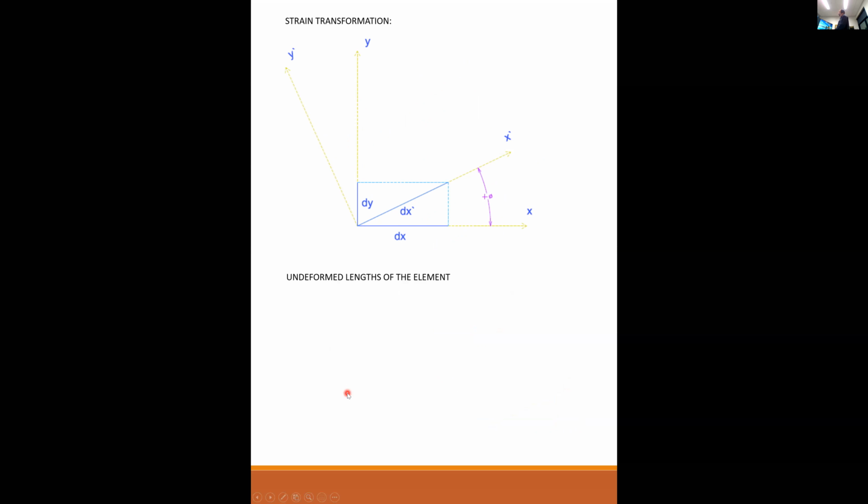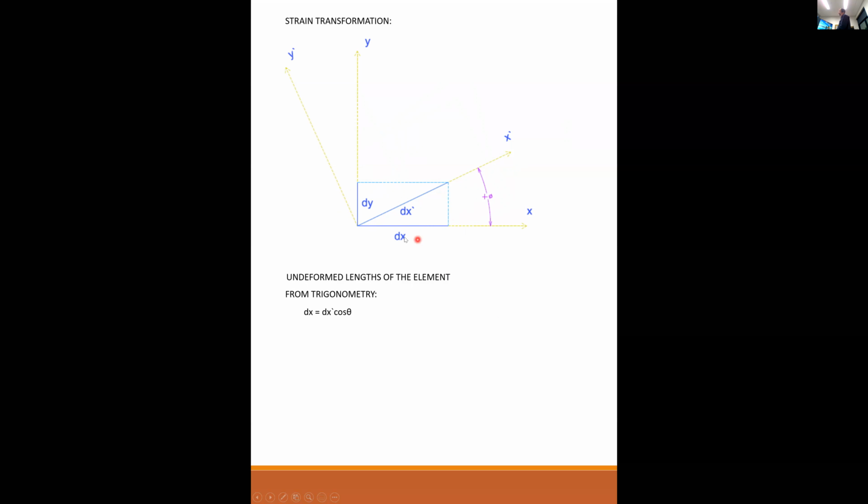Okay, so if I start with undeformed lengths of the element, from trigonometry, dx is equal to dx prime cosine theta. So this is just equal to cosine theta of this. What I'm showing here in blue is the original size of the element without any loads on it.